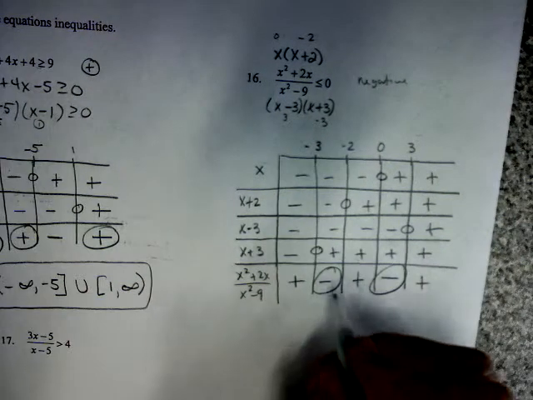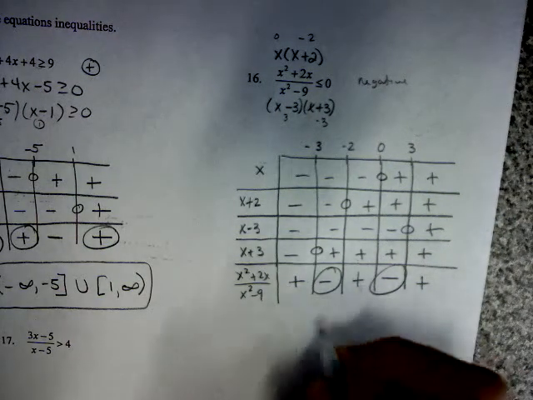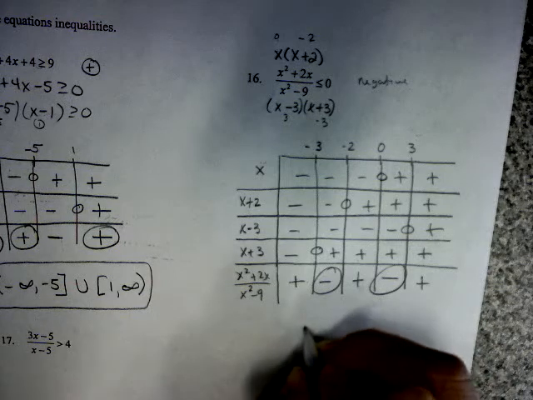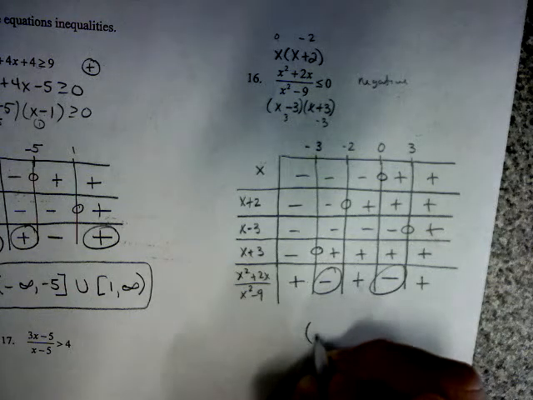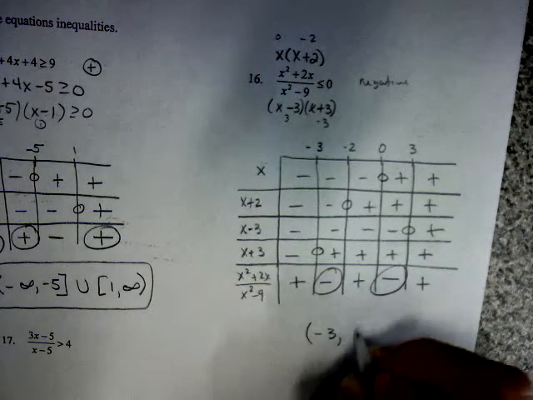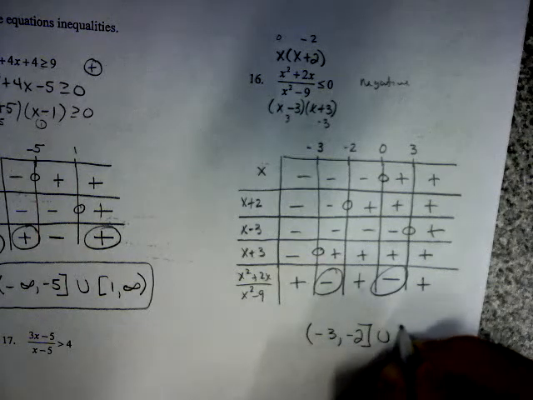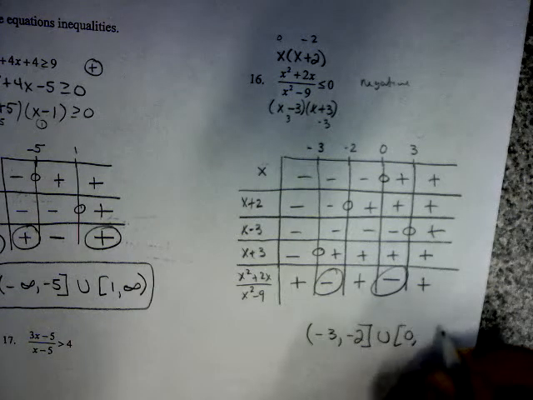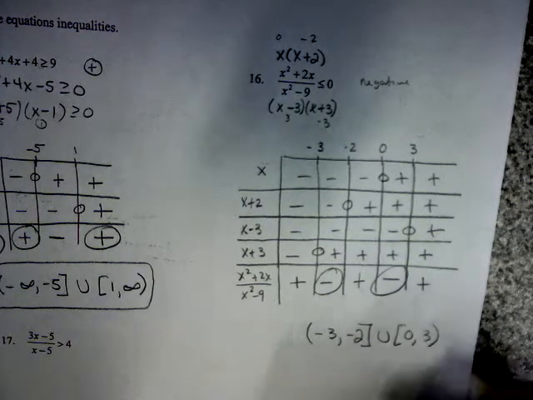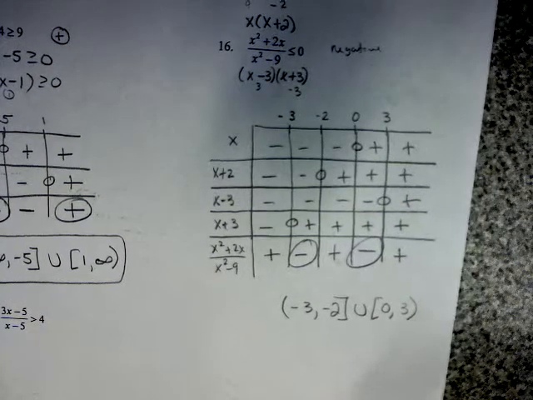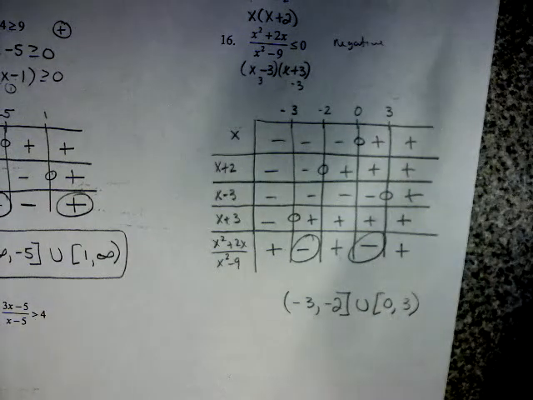So our solution is going to be negative 3 to negative 2, union 0 to 3. Now, notice I said that the zeros can be included.